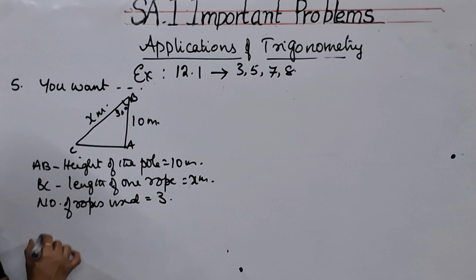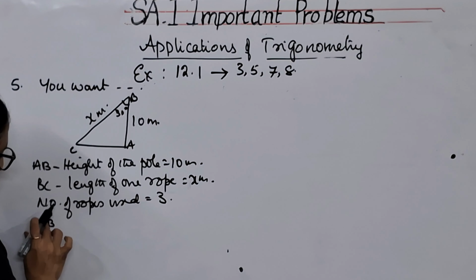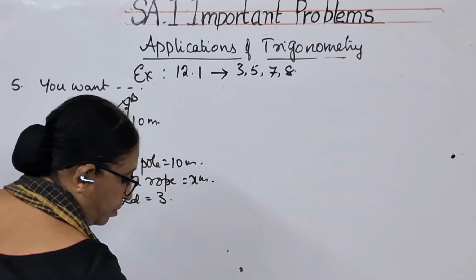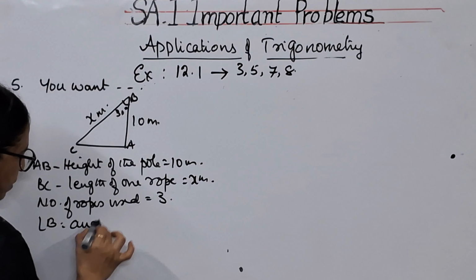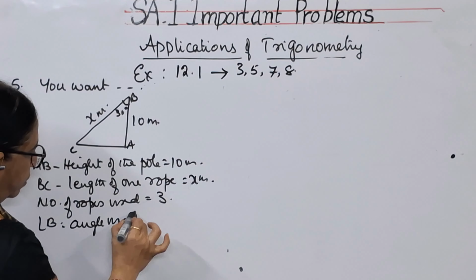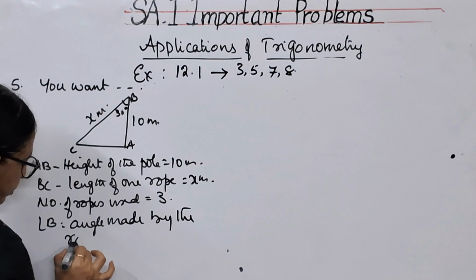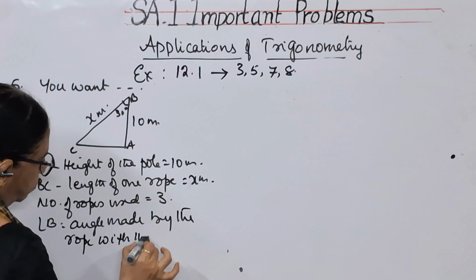And the angle made, let me write here angle B. Angle B is the angle made by the rope with the pole.